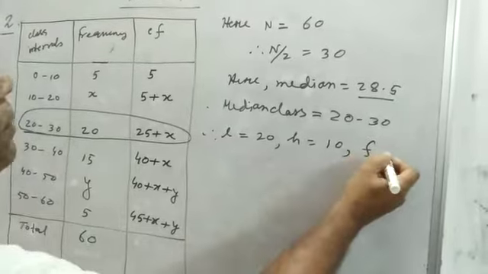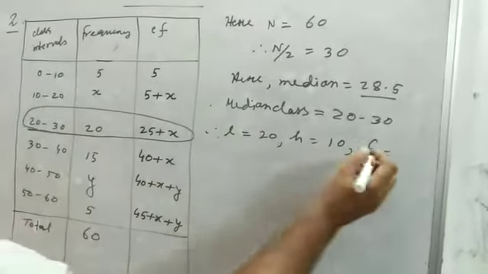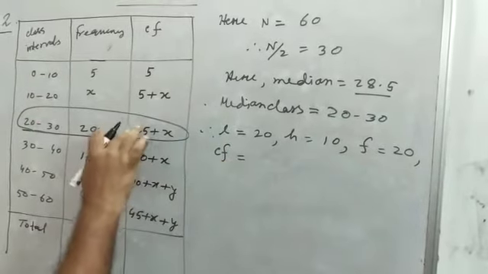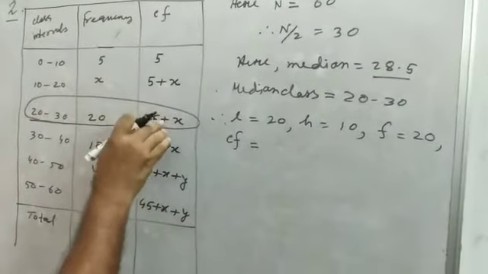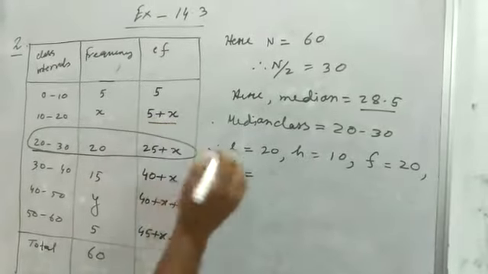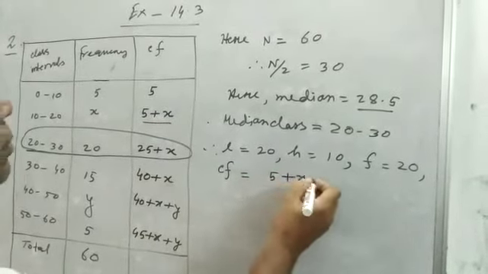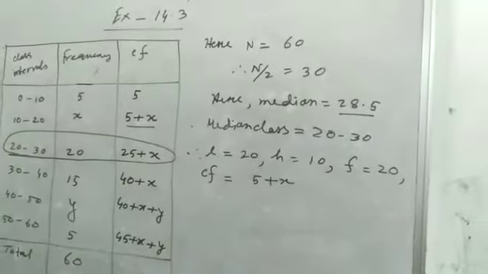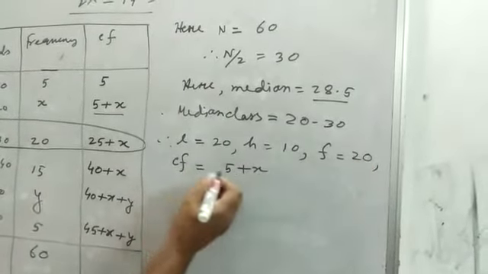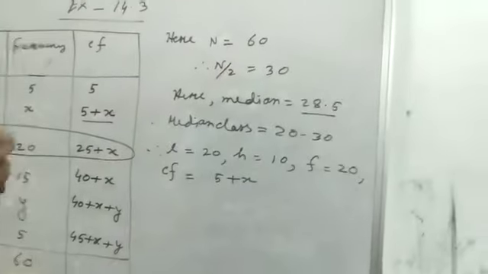F, the frequency of the median class, is 20. Then CF, the cumulative frequency just before the median class, is not 25 plus x, it is 5 plus x. So we got all the values: h is 10, f is 20, CF is 5 plus x, and n by 2 is 30.